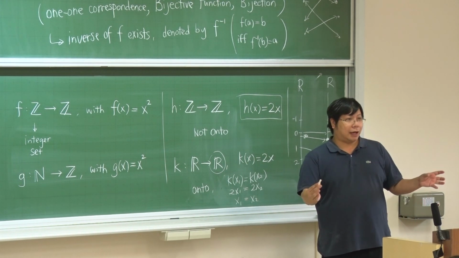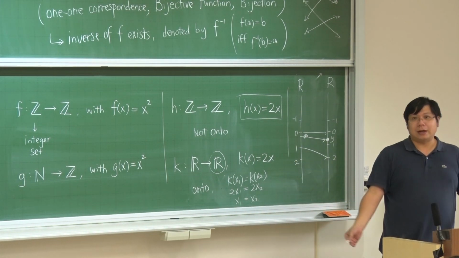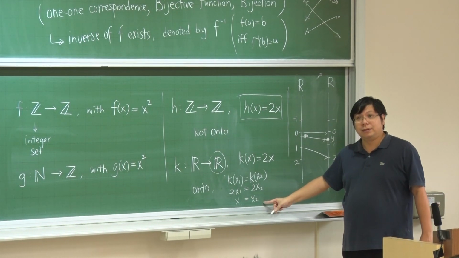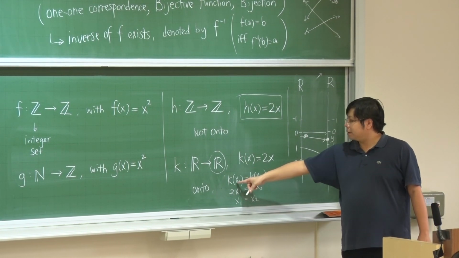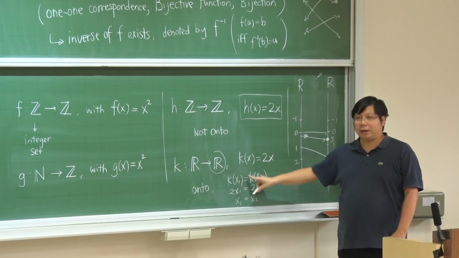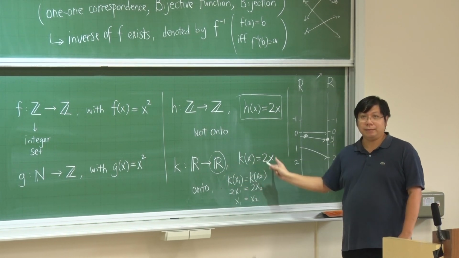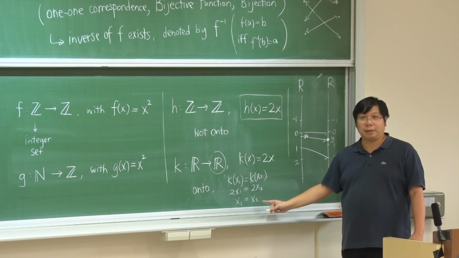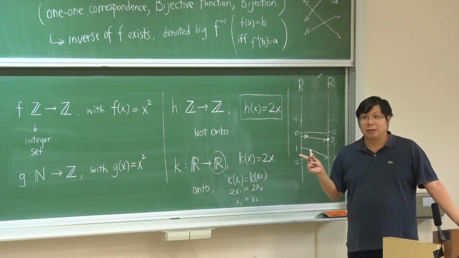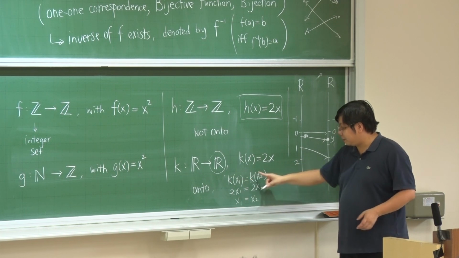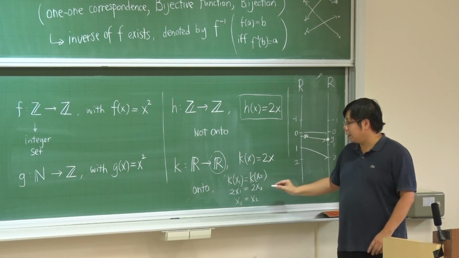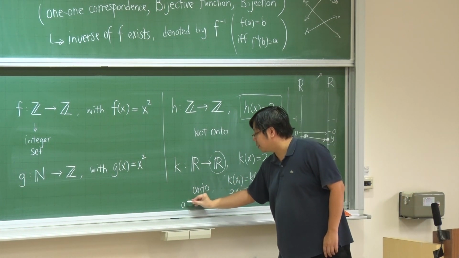So whenever they have the same value after the mapping, the original value has to be the same. If two numbers have the same value after the function mapping, it implies the original value has to be the same, then this is 1 to 1. Because you cannot have two different values mapping to the same value. So this is not just onto, but it is also 1 to 1.